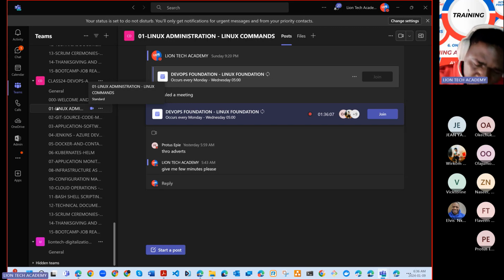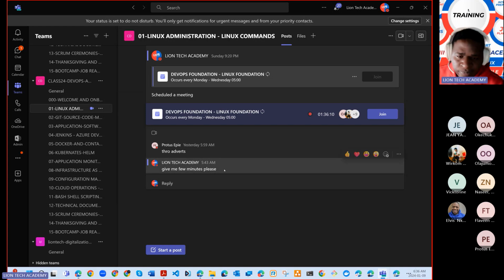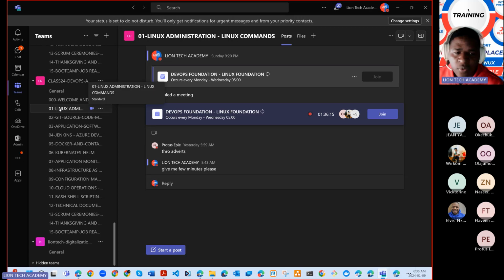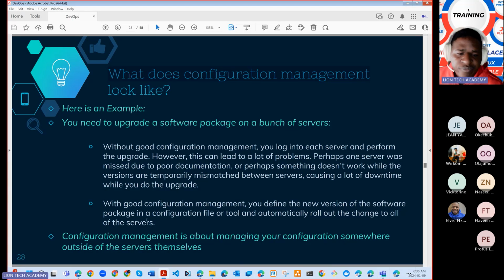That's why we start with Linux, as infrastructure. Why? Because this is one of the infrastructures that organizations use to host the application. So configuration management is about managing your configuration somewhere outside of the servers themselves.